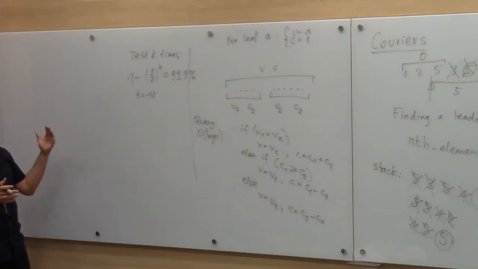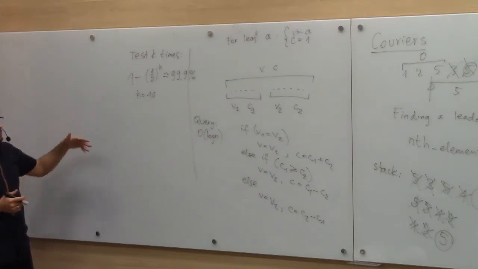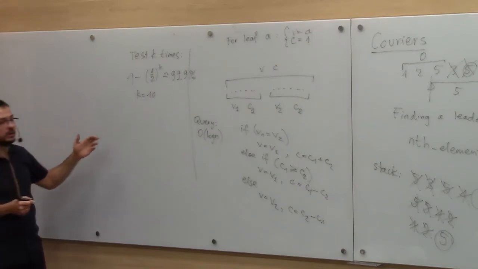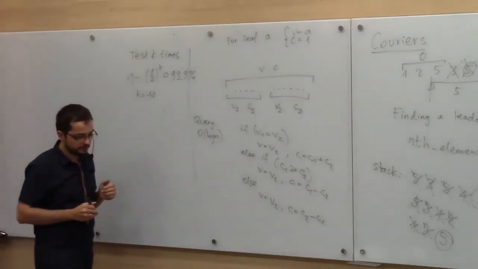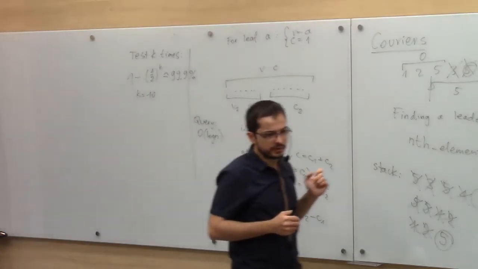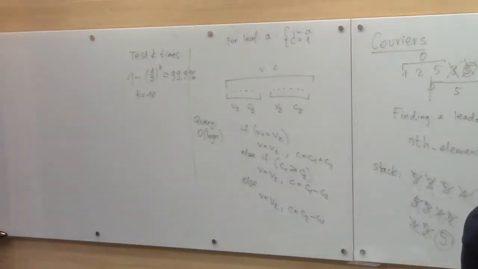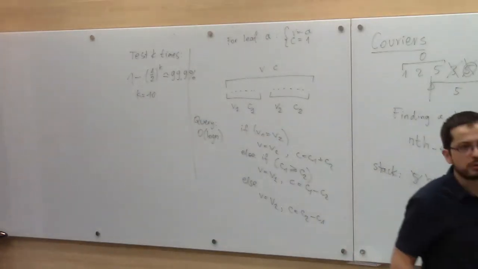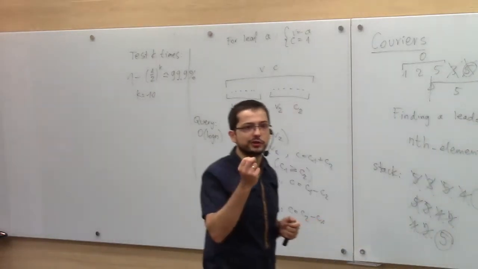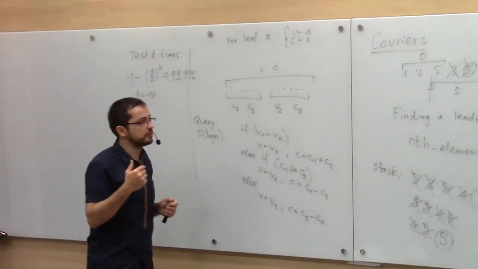So we are pretty much sure that we will get the right answer after testing 10 candidates. Okay, but this is the probability of finding the solution to one query.